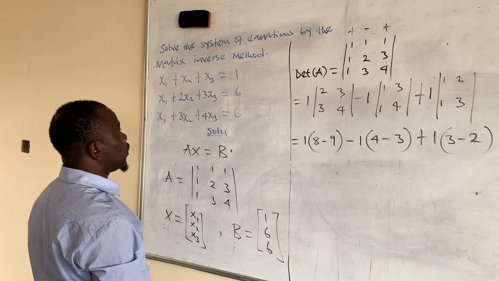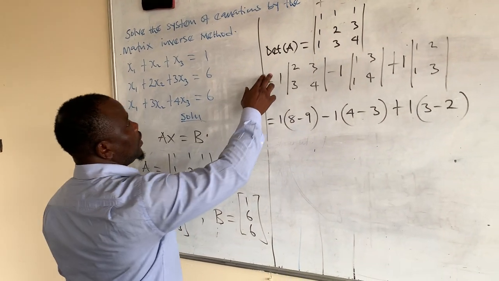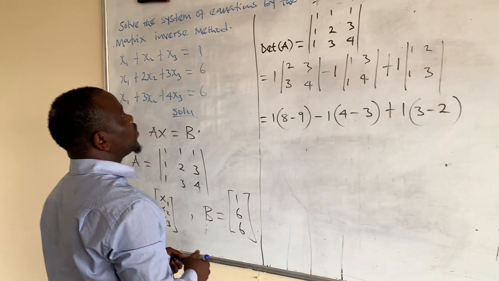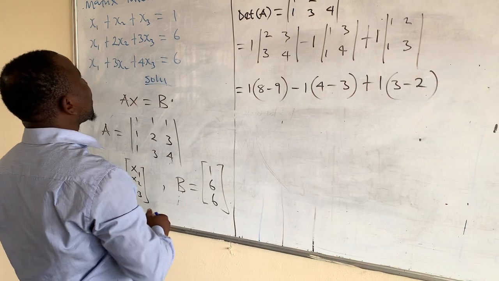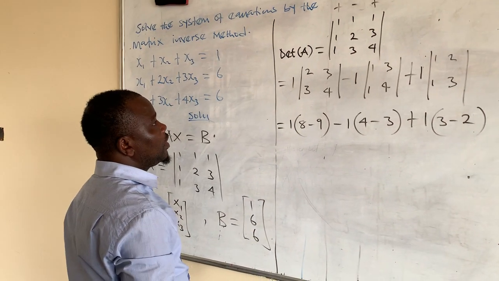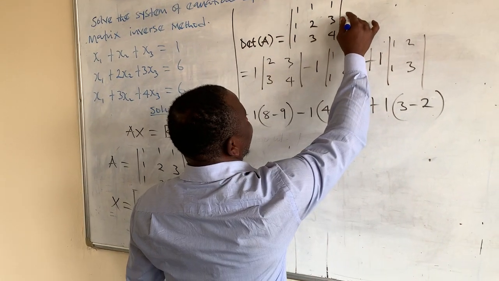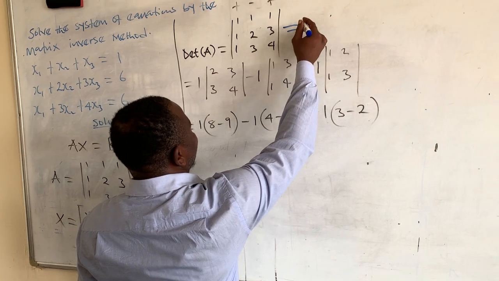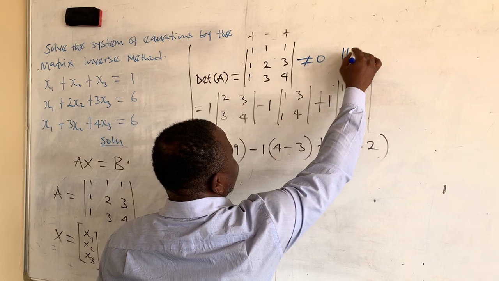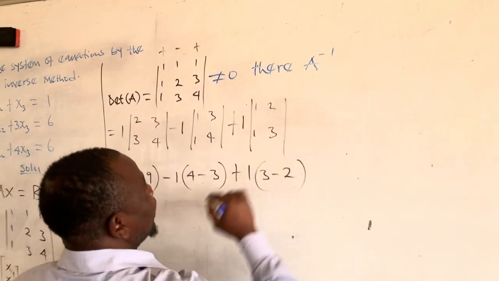Okay? So now what we will do here is look for the determinant. Note that using the matrix inverse method, if the determinant does not equal 0, there exists A inverse.